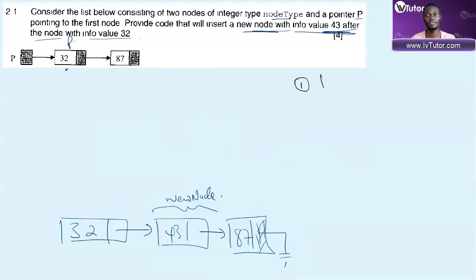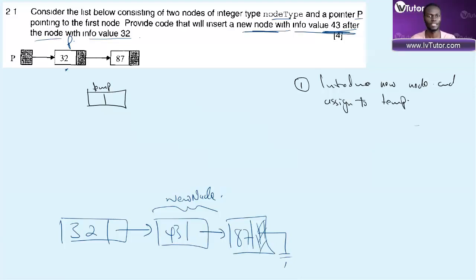So number one, you can say introduce new node. And I'm going to draw it here. So we put our node here. And let's assign it maybe a pointer called temp. And assign to temp.